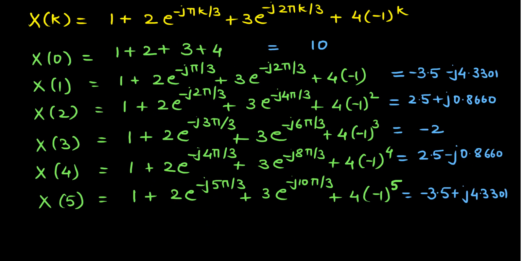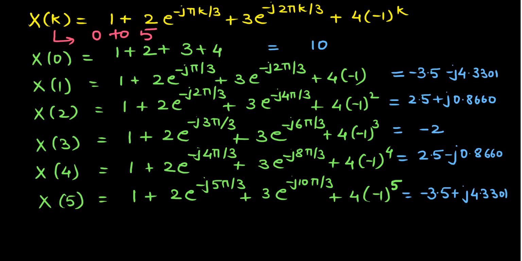So the expression that we obtain for x of k is 1 plus 2 into e to the power minus j pi k by 3 plus 3 into e to the power minus j 2 pi k by 3 plus 4 into minus 1 to the power k. And now as we had considered a 6-point DFT, the value of k will be ranging from 0 to n minus 1, that is 0 to 5.